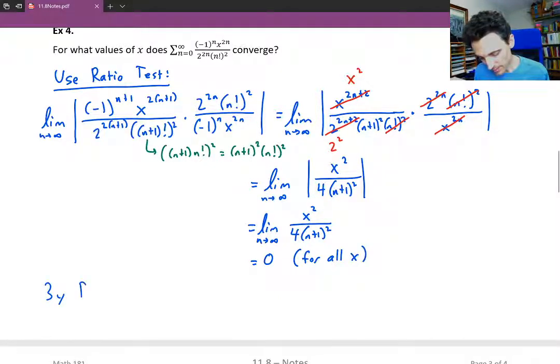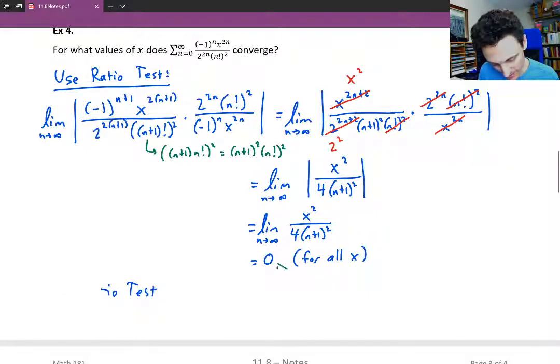So what we could say is by the ratio test, remember what we just got at the end here? This is like our L value, and here L is less than 1.